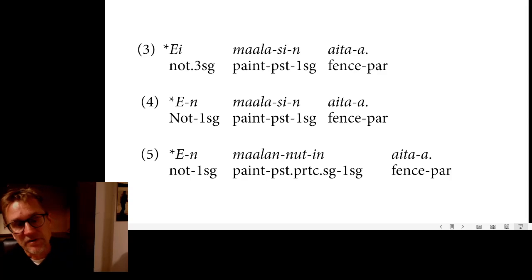Okay, but that was all I wanted to illustrate in this second part.